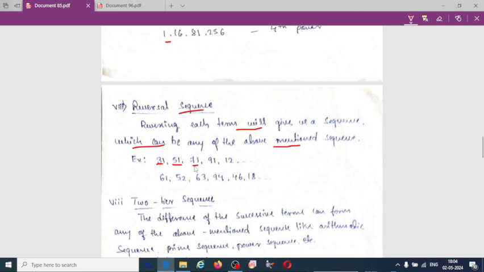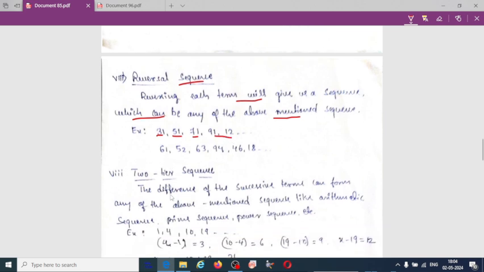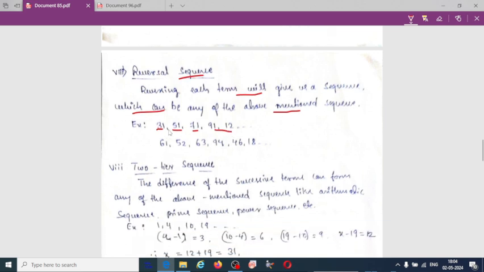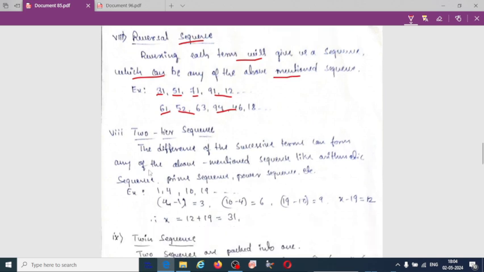So you can just flip the numbers: 1331, 1551. Like that you can write the reversal sequence. So this is for prime numbers, and this is for the cube or the square sequence: 1, 6, 16, 25, 36, 49. Okay, so you can write the reversal sequence.